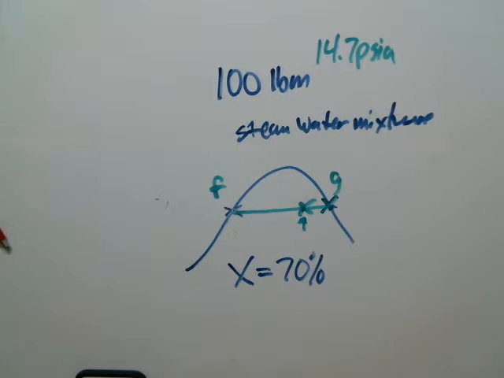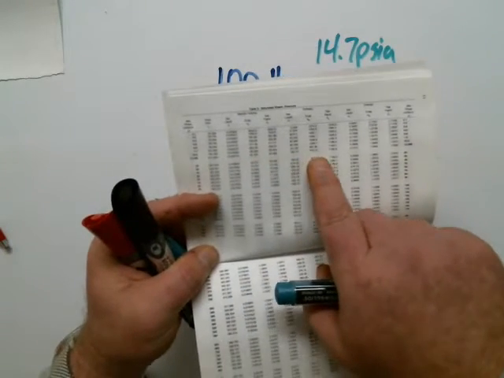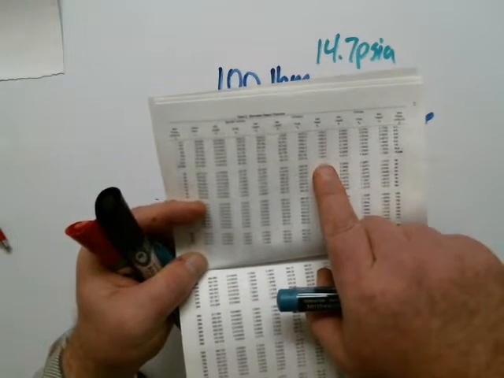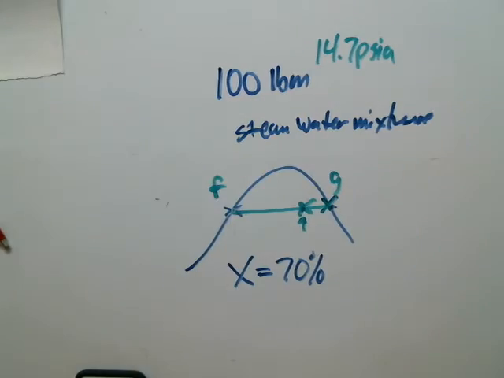So h sub g at atmospheric pressure, if I looked up the saturation, right here, where are we? Okay, there we go. So I'm looking up atmospheric pressure, and I come all the way across to see what the enthalpy of a dry saturated vapor would be, and I see it's 1150 BTUs per pound mass.